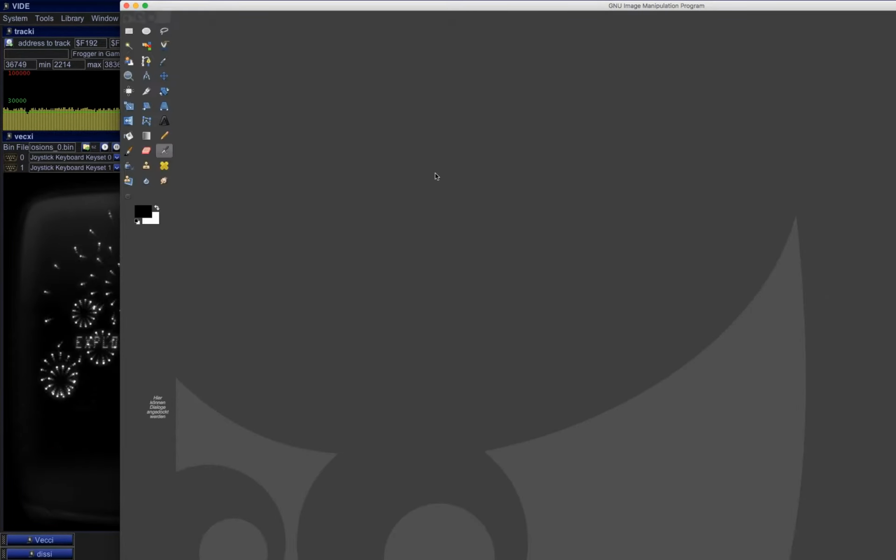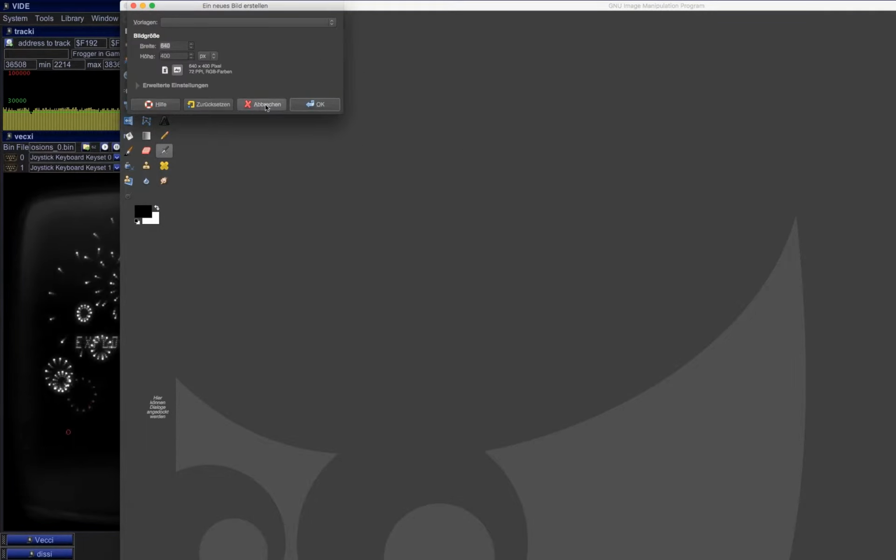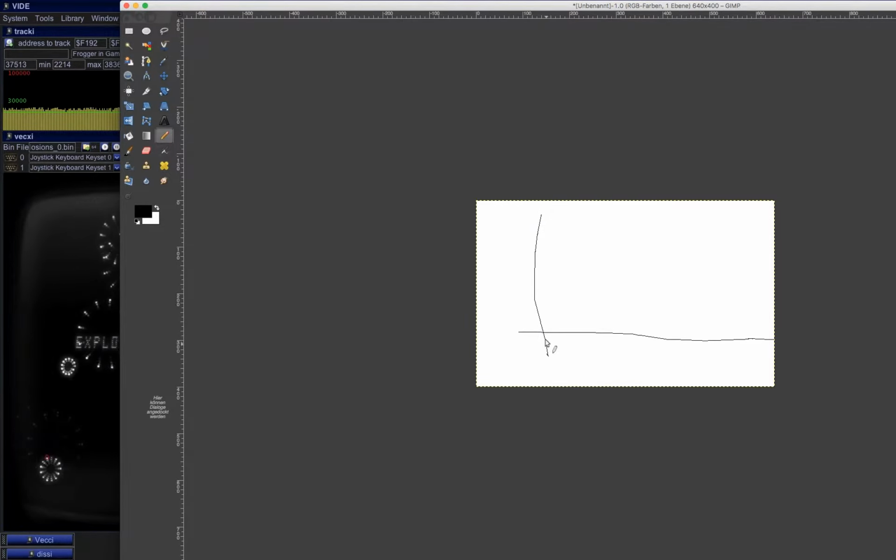I didn't prepare this. I just want to draw something, and not with this huge pen. So this is a coordinate system, not very well drawn, and the sine goes something like this.